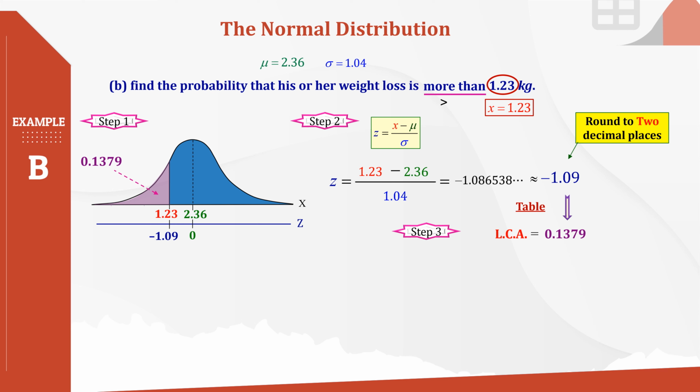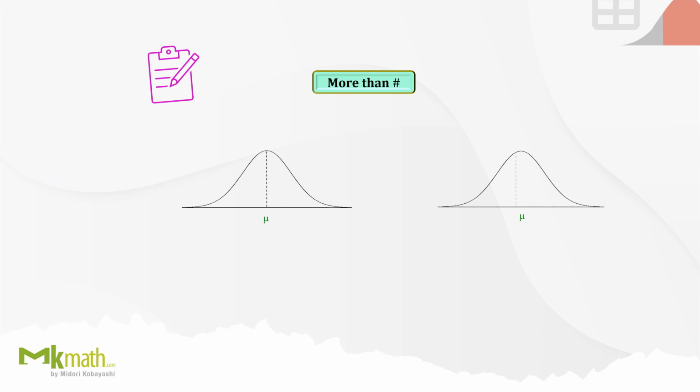However, our desired area is the right side of negative 1.09. How do you find the right area? Here is a quick note for questions involving the more than some x value case. Our desired area is the right side of the given x value as shown in the pictures, regardless of the position of x value.